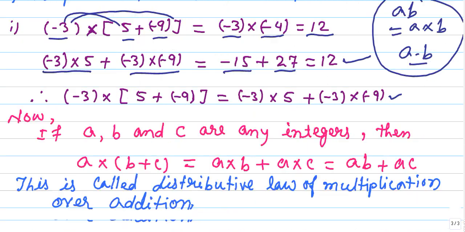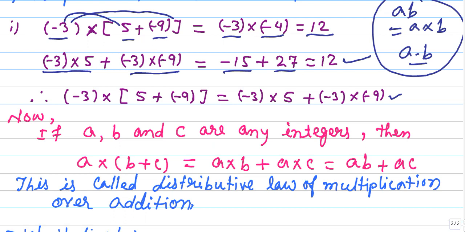So this is called the distributive law of multiplication over addition, because here in the middle is written plus, no? Some people call it the distributive property. It does not matter. Don't get confused over there.